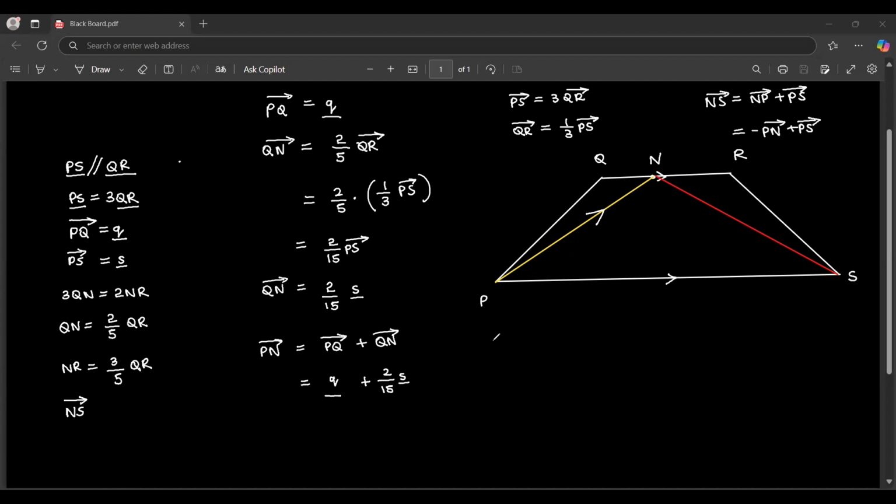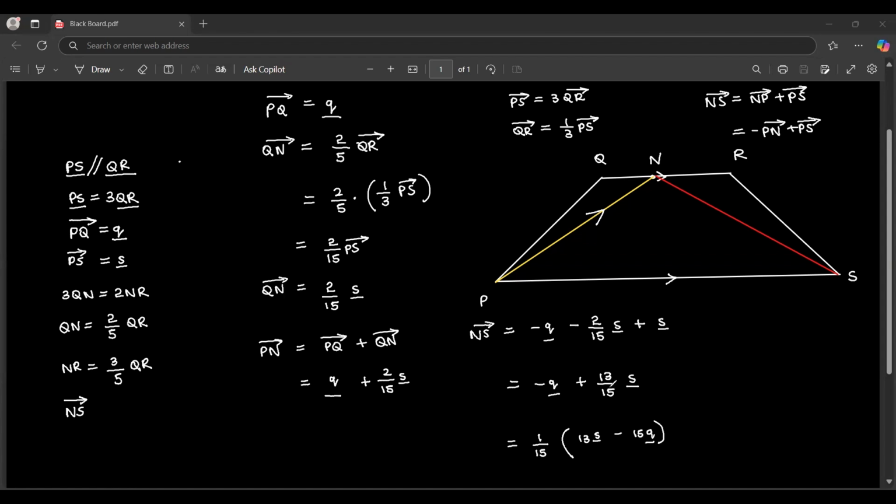So NS is equal to negative PN, which is negative q, negative 2 over 15 s, plus s. So that will be equal to negative q plus 13 over 15 s. Or you can write this as 1 over 15 of 13s minus 15q.